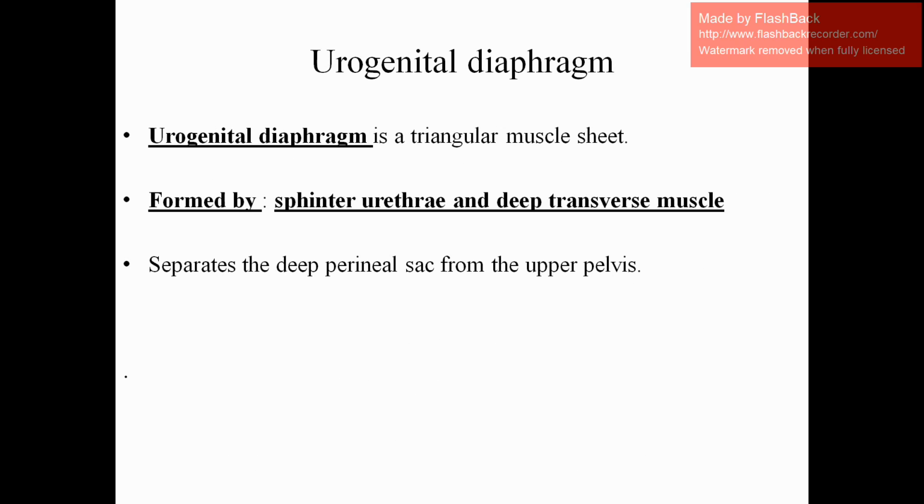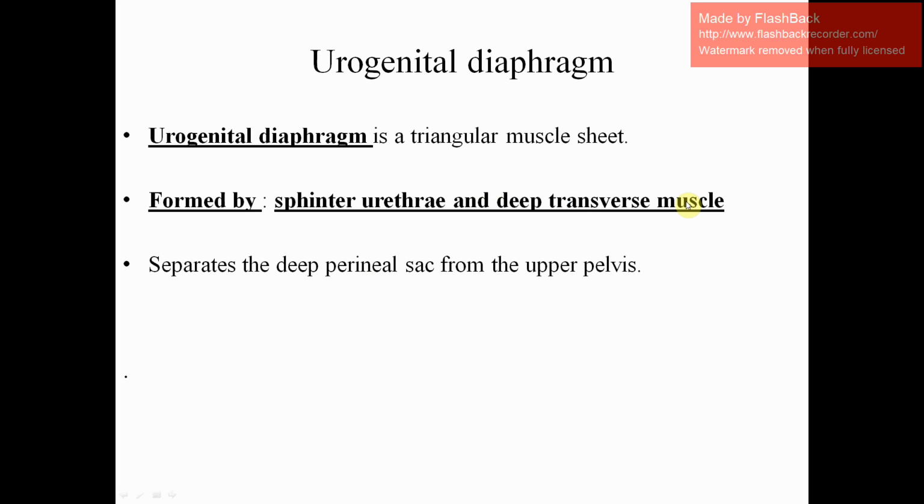Now we'll see what exactly the urogenital diaphragm is. Where does the urogenital diaphragm lie? It lies in the urogenital triangle. So this urogenital diaphragm is a triangular muscular sheath. It is formed by sphincter urethrae and deep transverse muscle.